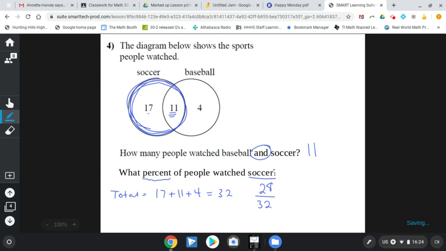So there's how we'll get our percentage. Now remember, you'll have to multiply by 100. 87.5% of the people surveyed like to watch soccer. So just a basic percentage calculation.